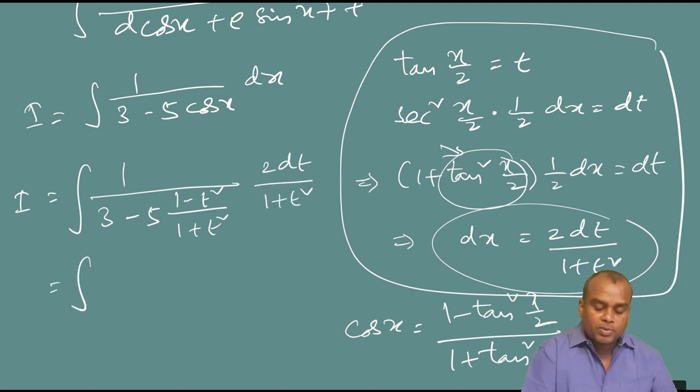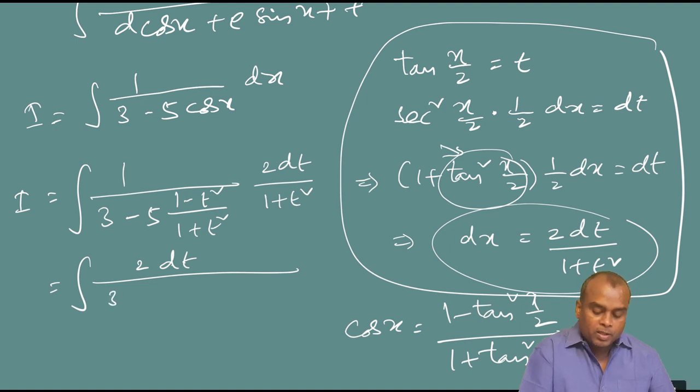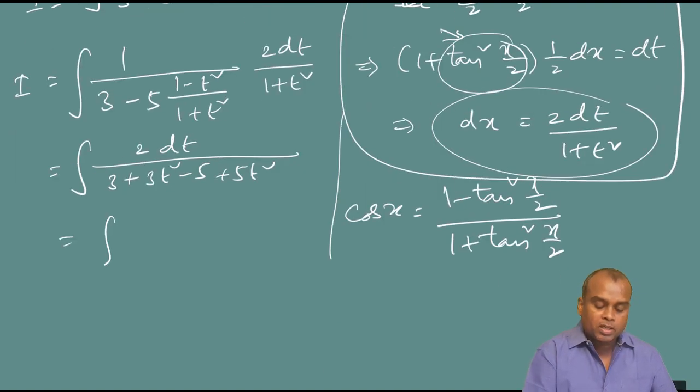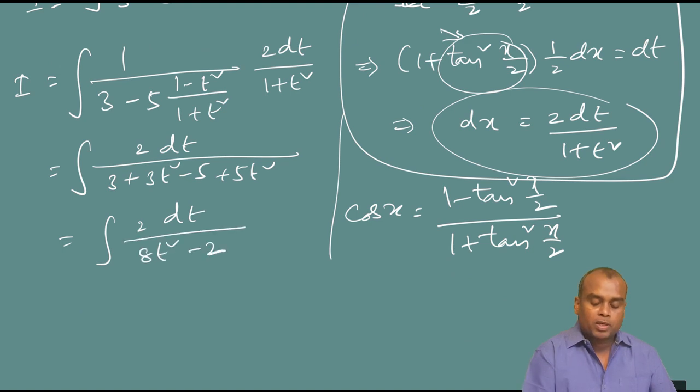So taking LCM here, I am going to have the numerator as 2 dt, and in the denominator I take the LCM, I will get 3 plus 3t square minus 5 plus 5t square, and then after taking LCM, that 1 plus t square I can cancel. So what I am getting is integral 2 dt by 8t square minus 2.